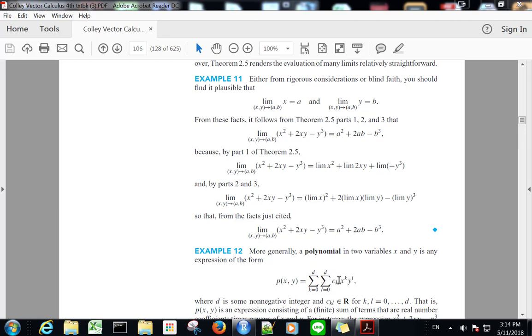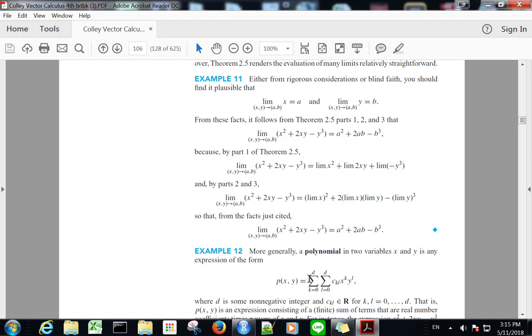So you do the one with 0, and then the one with 1, and then the one with 2, and you go all the way up to D, and you add all of these together. Now you've only done it when k equals 0. Now you have to let k equal 1 and do the same thing again. Then you have to let k equal 2 and do the same thing again. And then keep going until you get to D.